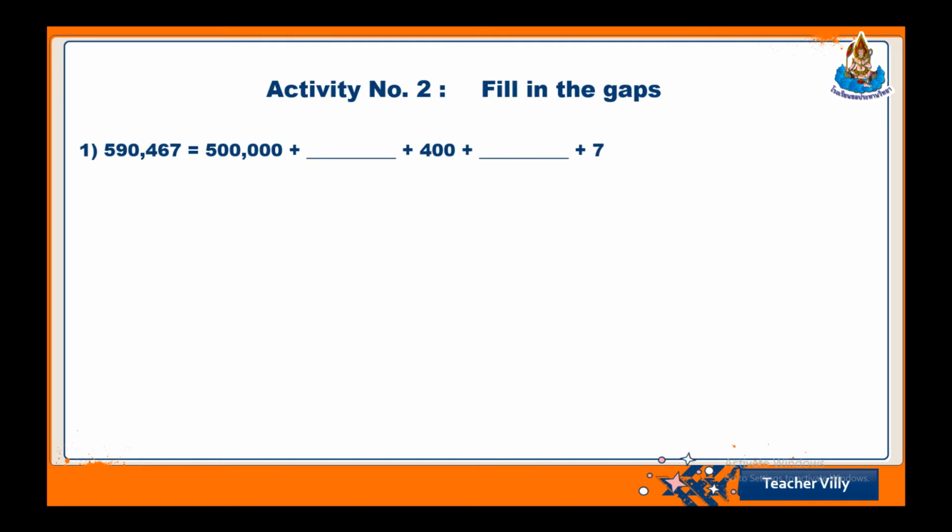We have the number 590,467 is equal to 500,000 plus blank plus 400 plus blank plus 7. So what are the missing numbers?